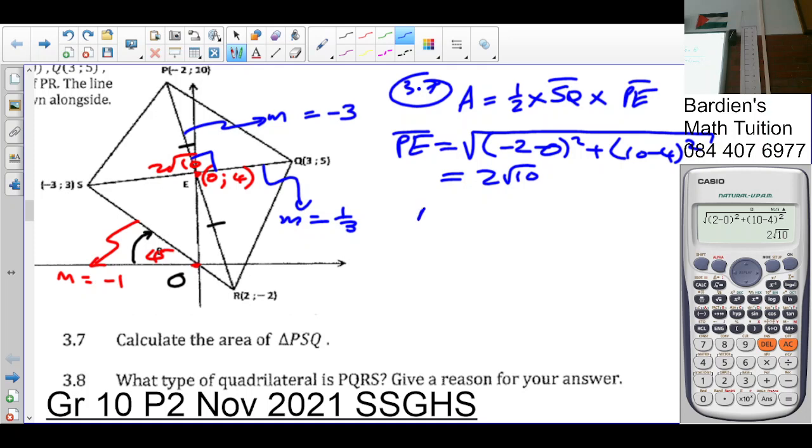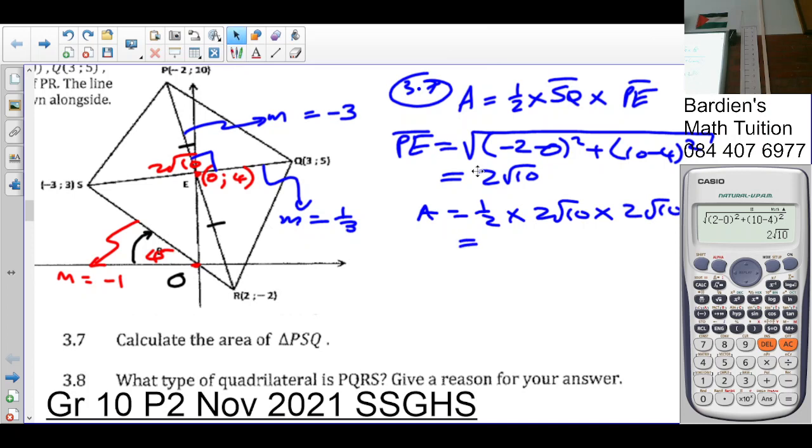Which then gives us the area is equal to half my base, which is SQ, 2 root 10, times PE, which is also 2 root 10. So that's simply going to give us the root of 20 times the root of 20. So there will be 20 units.